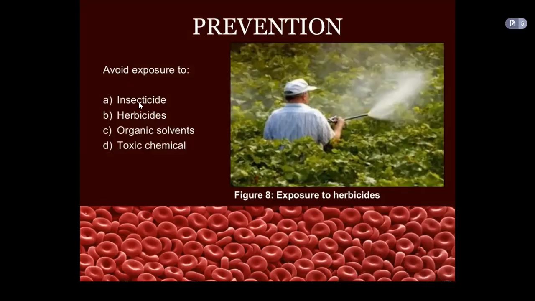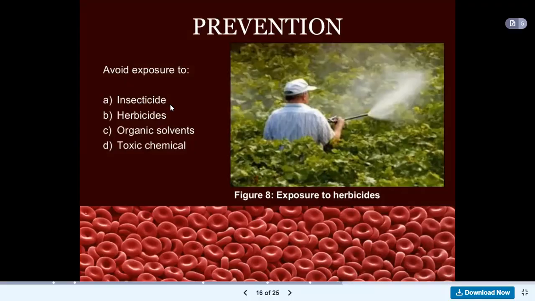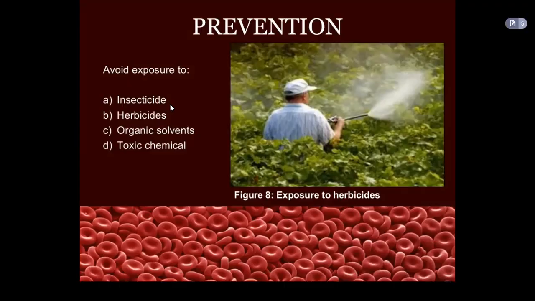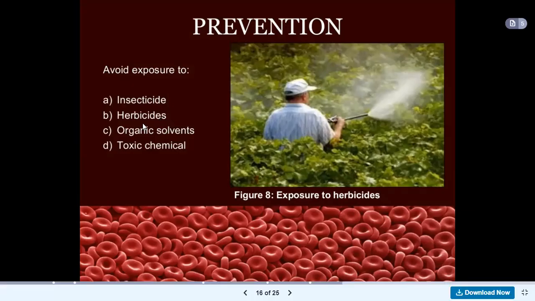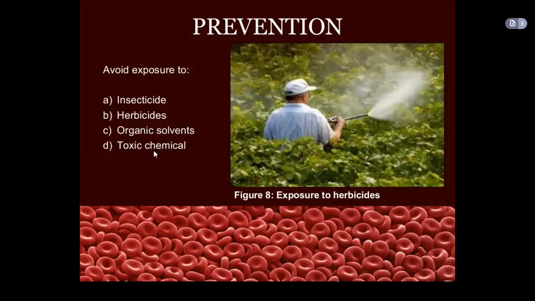So you could avoid exposure to insecticides, because some of these insecticides have chemicals and organophosphate compounds that are dangerous to the bone marrow. And then some herbicides also, you have to stay away from them, organic solvents and some toxic chemicals. So anything that could destroy the bone marrow, you have to avoid it.